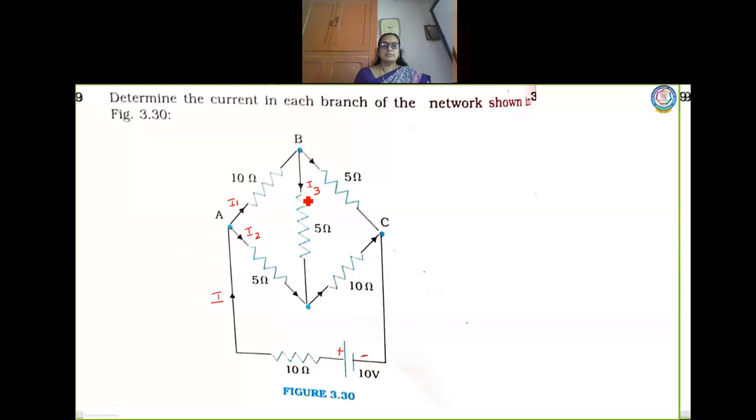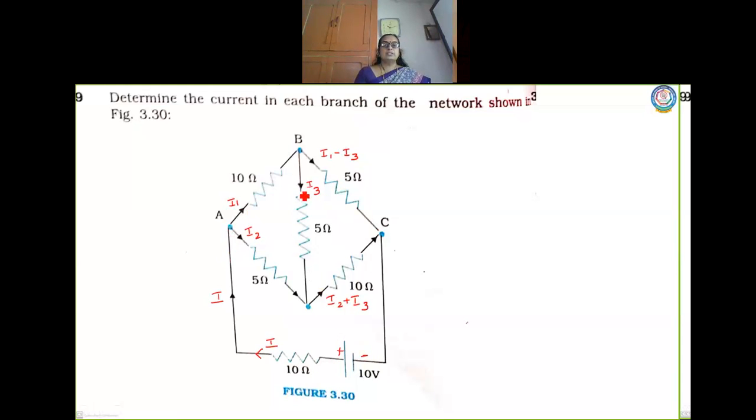If this is I3 and this is I1, then this will be I1 minus I3. Then here it is I2 from here and I3 from here, so this will naturally be I2 plus I3. And here the current is of course I. So I have named the currents.